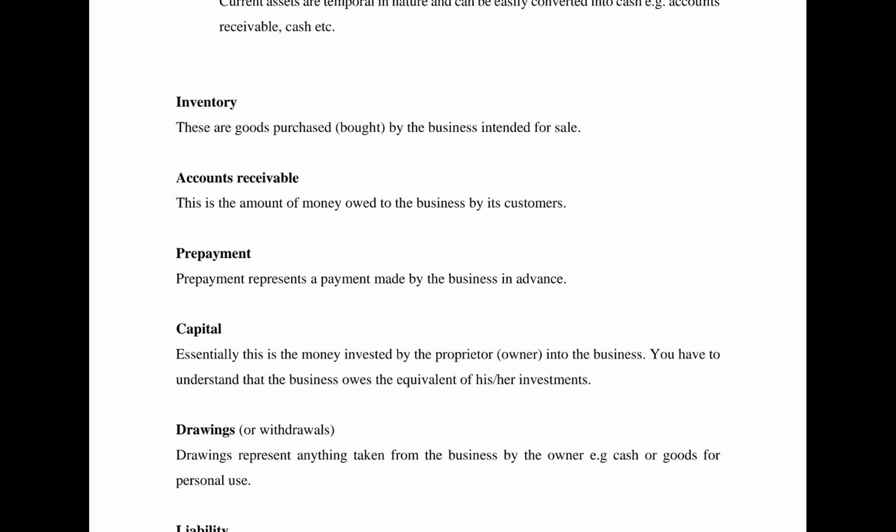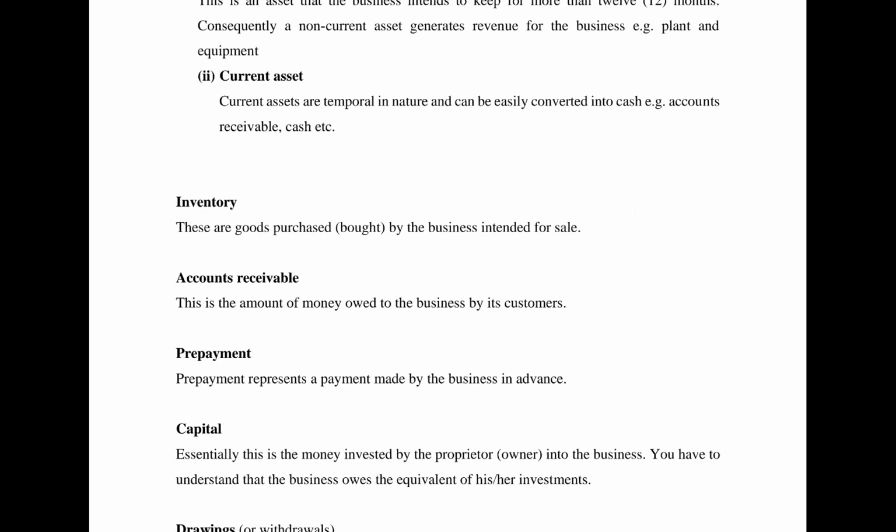And inventories are basically the goods that have been purchased by the business that are intended for sale. You are keeping those things, they're not the same as the purchases, by the way, so that you can sell.